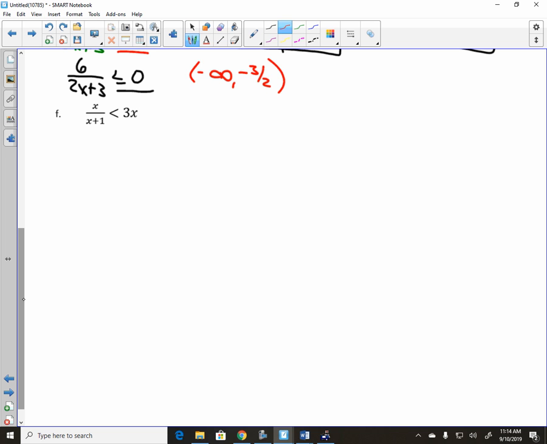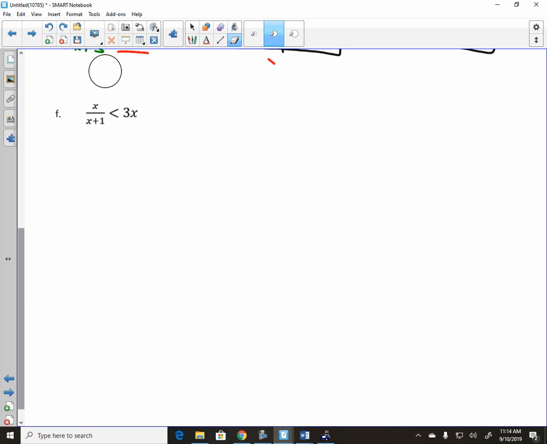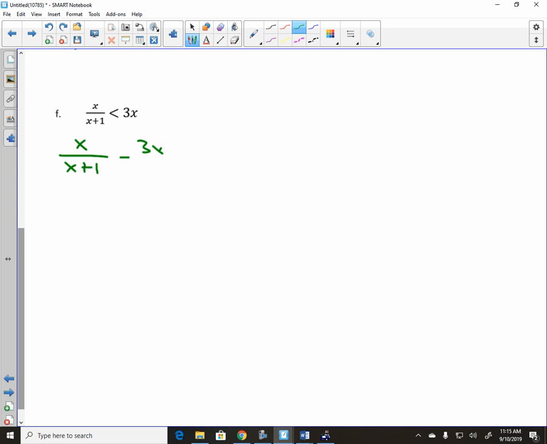You are ready to lead me through this problem. I don't need to do any work at all. You tell me what to do, and I will do it, and that'll be the showing that you are ready to do your assignment. What do I do? Subtract 3x. Like the way you guys think. How?